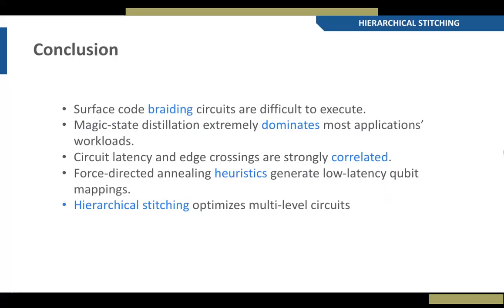The first thing we studied was the correlation between circuit latency being simulated, the real time you need to execute a circuit, and our edge crossing number, and we found that they are highly correlated. It inspired us to come up with a set of heuristics, also motivated from force-directed annealing approaches, to reduce the latency by intelligently mapping the source and destination qubits.